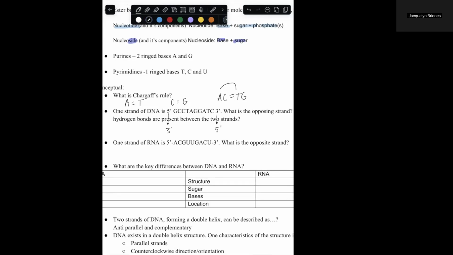Then we're just going to do the base pairing. So that is going to be the opposing strand. Just remember, they might be flipped, so make sure your 3 prime and your 5 prime line up with your answer.